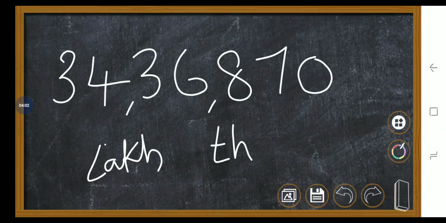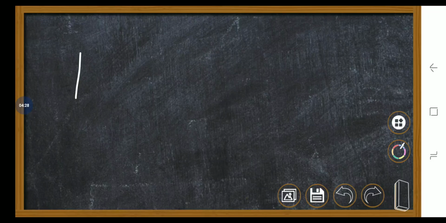Read the number. 34 lakh 36,870 people recovered from the disease. How many affected? 70 lakh 31,377 affected. Out of that, 34 lakh 36,870 recovered.